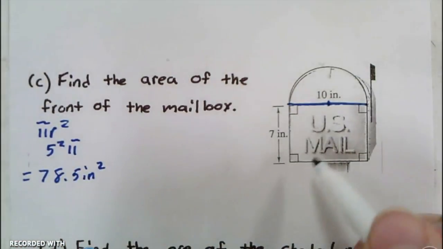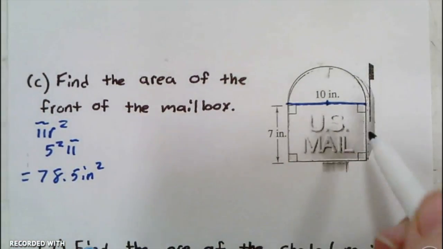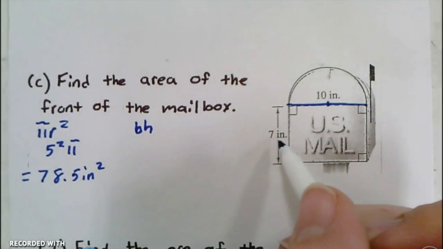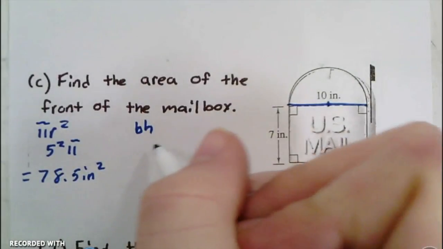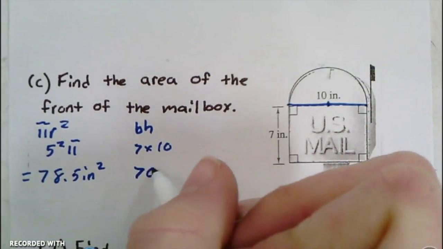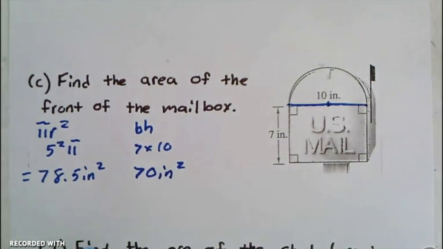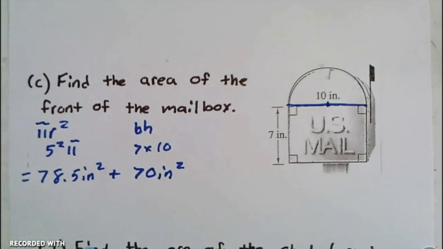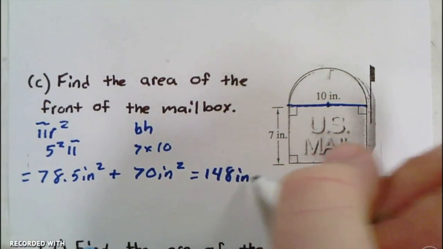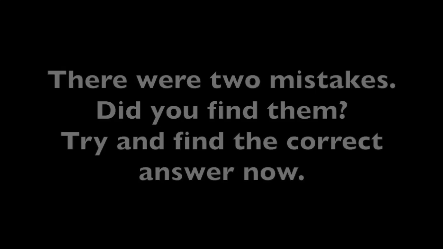And then I'm going to find the area of this rectangle, which is just going to be the base times the height. And so I have 7 times 10, which equals 70 inches squared. And then my last step is to add them together. So I have 70 and 78, which is 148 inches squared.